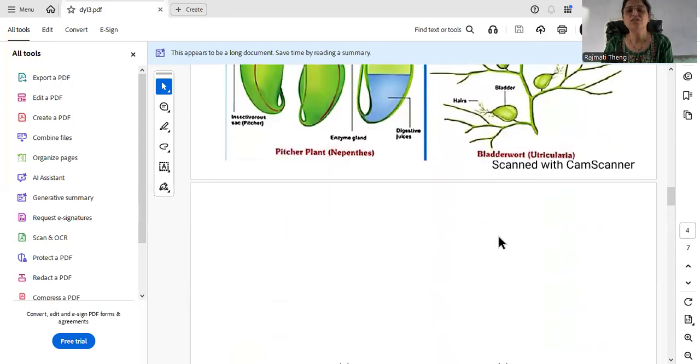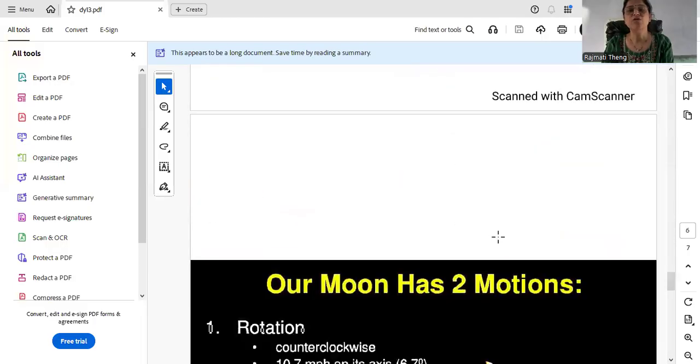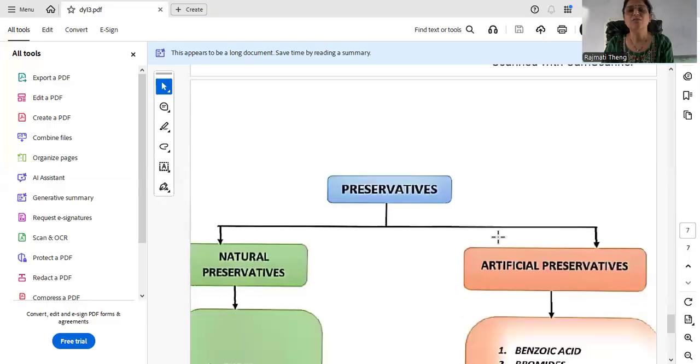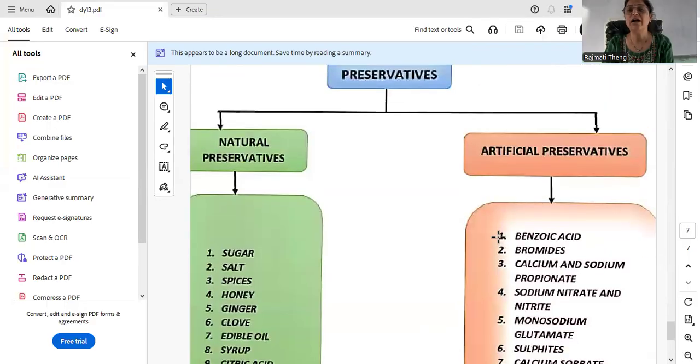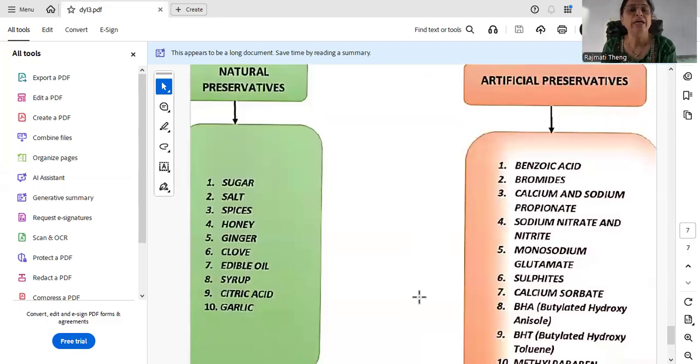So dear students, for the preservation of food, we are adding preservatives in it. Some are natural preservatives and some are artificial preservatives. Sugar, salt, oil, then lemon juice, citric acid, then clove, ginger, honey, spices, garlic are examples of natural preservatives.